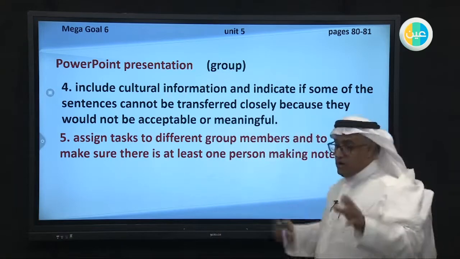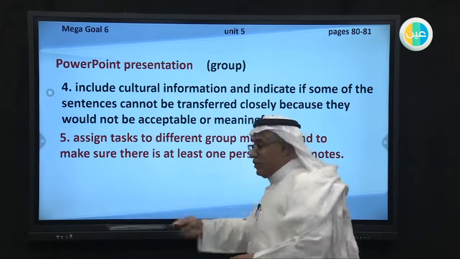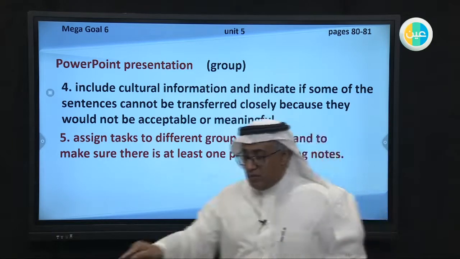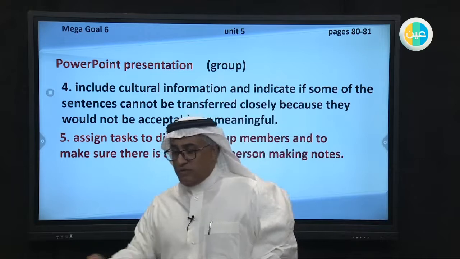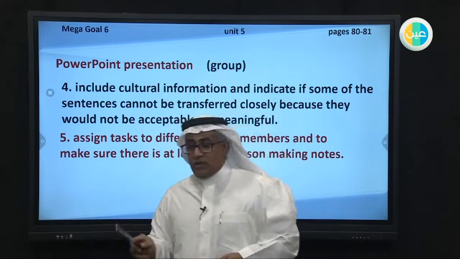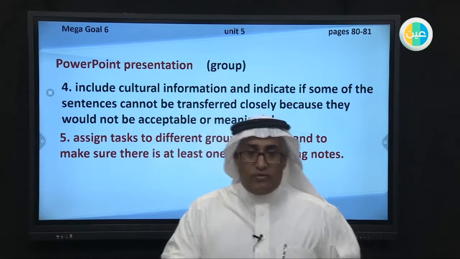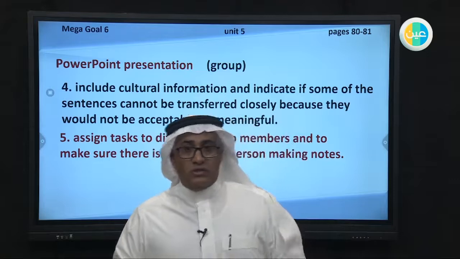Okay? If you are 5 students, tell each one to do something. يعني for example, you collect information. The first student collects information from this source. Another student has to collect other information from another source. Okay?